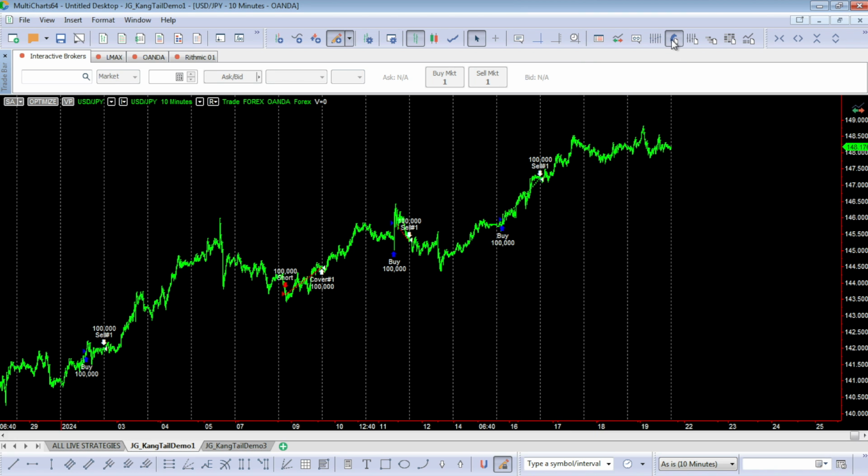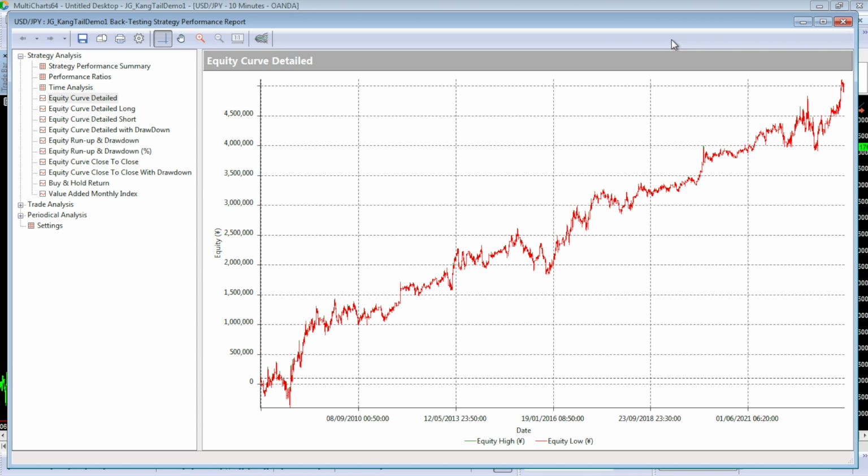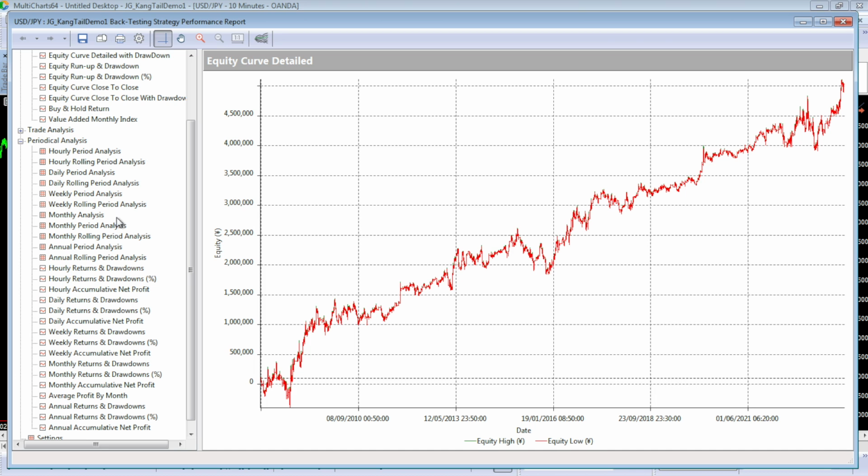So looking at the results, there's what the equity curve looks like. So we can see we're making new highs right up until December last year, so only 3 weeks ago, we were making new highs in equity. So that's good. We look at the annual period analysis.